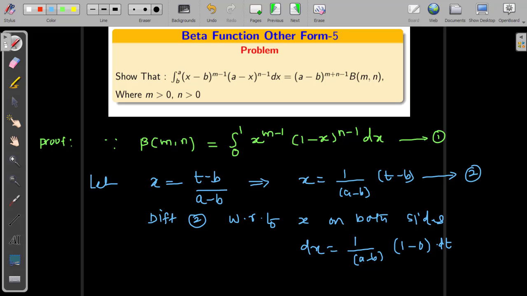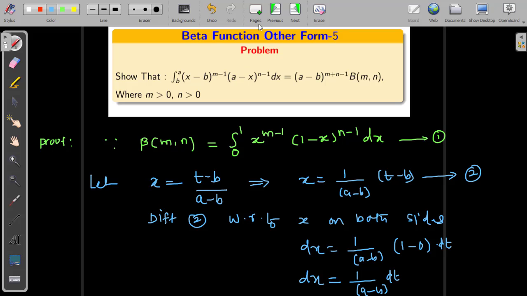Anyhow, the result is numerator 1 minus 0 by (a minus b) times dt. So dx equals 1 by (a minus b) times dt. After that, since it's a definite integral, we need to go for limit substitution.